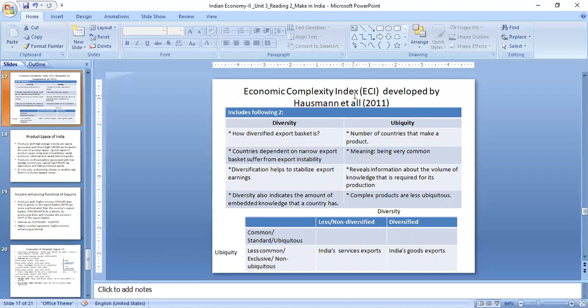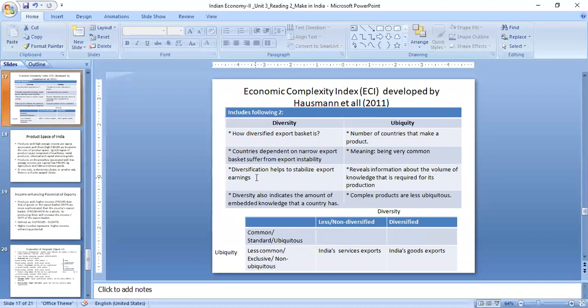Now, economic complexity index was developed by Hausmann et al. in 2011. It includes two concepts, diversity and ubiquity. So diversity means how diversified a country's export basket is. So if a country is dependent on a narrow export basket, that means it is likely to have an export instability problem.